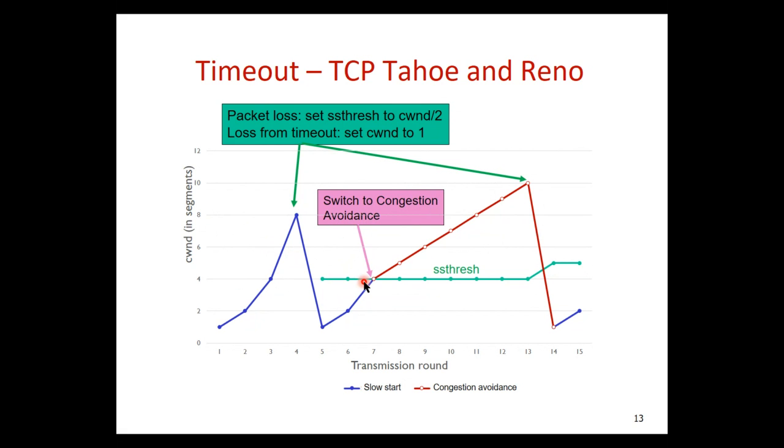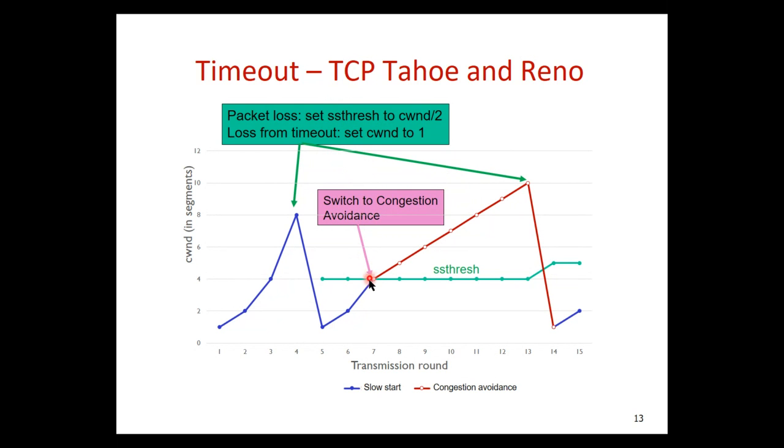SS threshold is simply used by the TCP sender to know when it should switch from slow start to congestion avoidance, which is what is shown in red here. So CWND goes back to 1, goes back to slow start, and again we do the exponential increase. But now the difference is that we have an SS threshold value, which is 4.